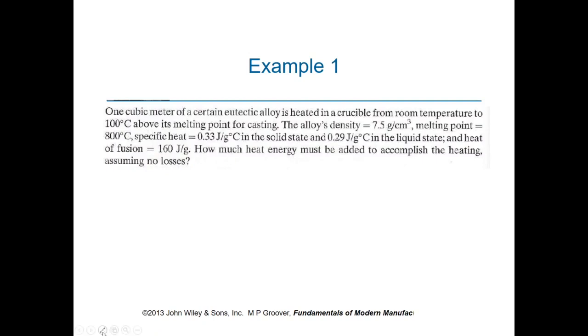So what we have in this equation includes the amount of the material, which is V, 1 cubic meter, and then the pouring temperature, which is 100 degrees above the melting point. Melting point is given as 800 degrees C. We have density, rho, which is given. We have CS and also CL. All these values are given, plus HF. So this is all we have.